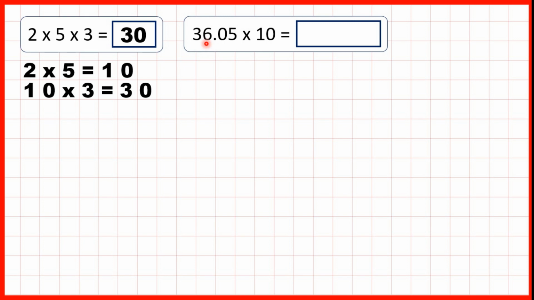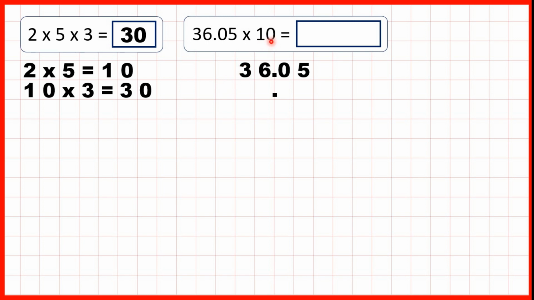Now 36.05 times 10. The way to multiply decimals by 10 is to write the number out, then write the decimal point under the decimal point in our number. Now we're multiplying, which means the number's getting bigger, so the digits are moving to the left.